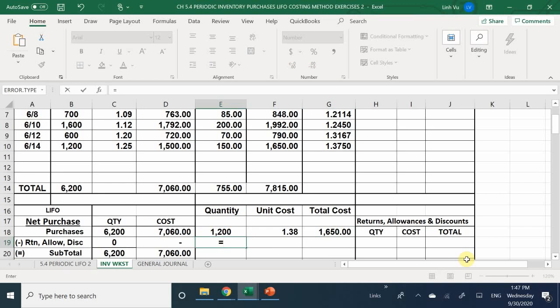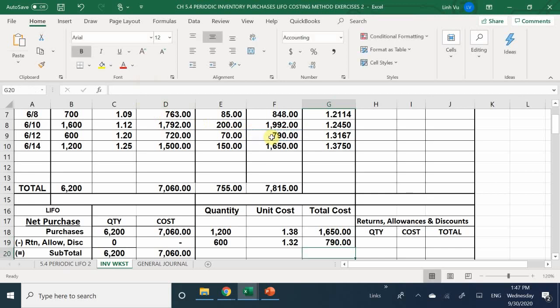Okay. I'll put it in there. And then the next we'll take from the 12th, which will take the entire 600. Okay, entire 600. So therefore, we're getting rid of the whole entire thing of $790. Okay, so now we're at 1,800. Right. So let's see here. We are going to take the 610 amount of 1,600.